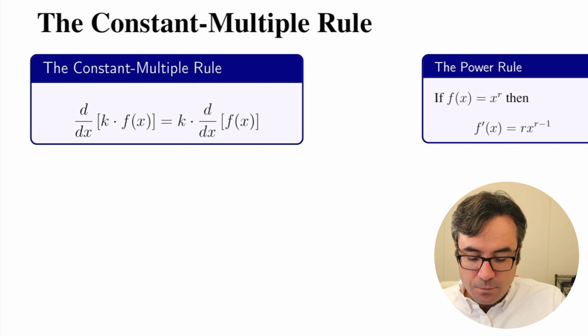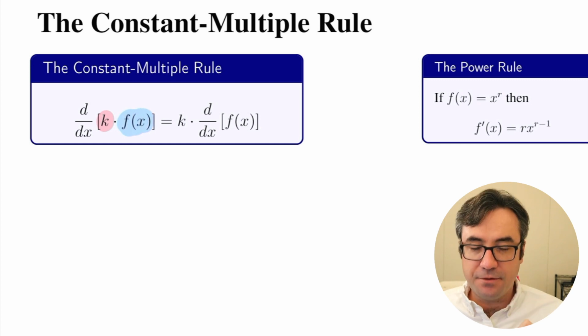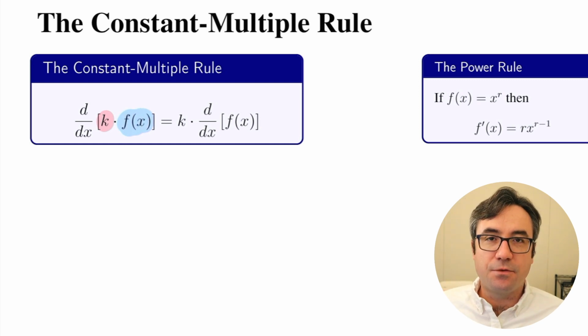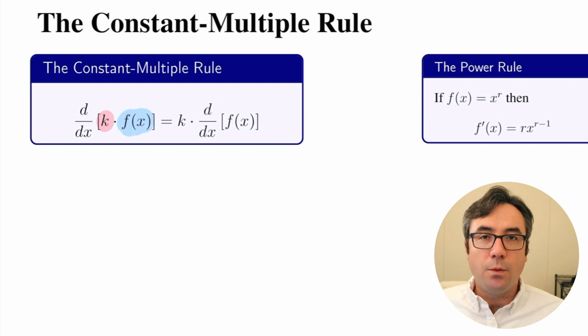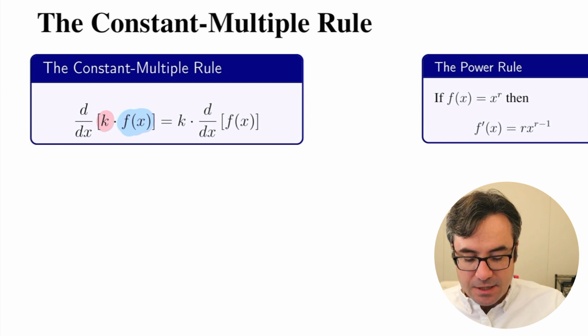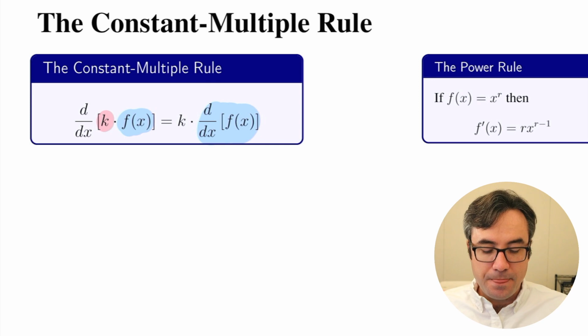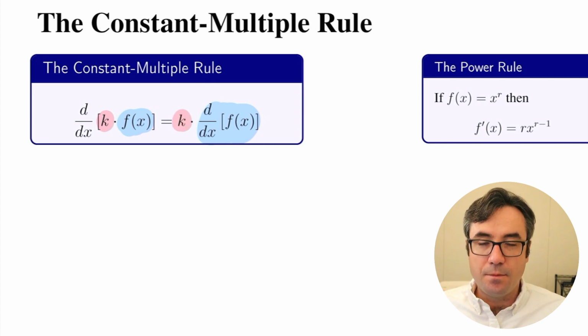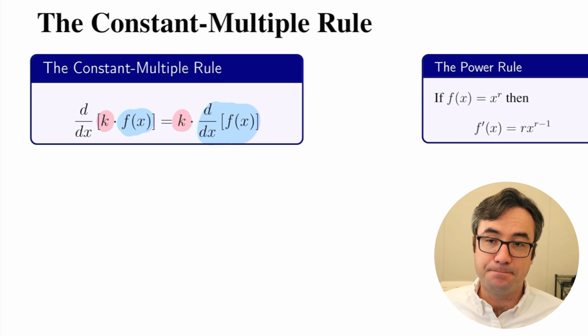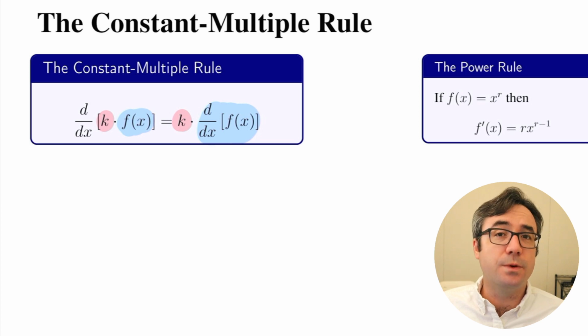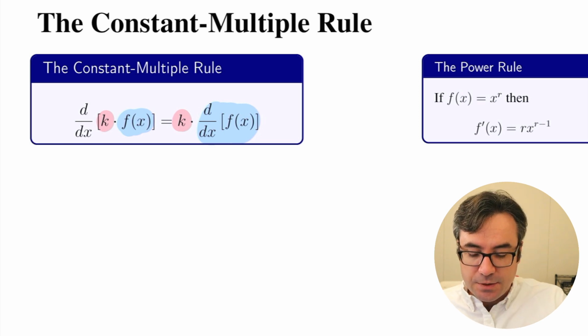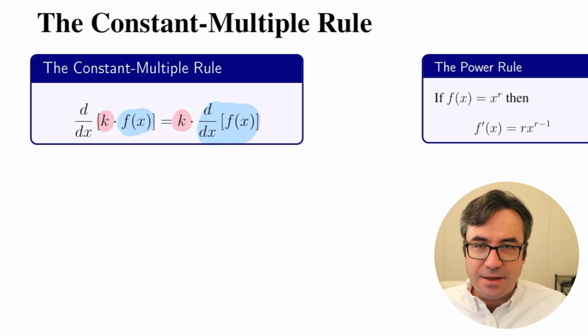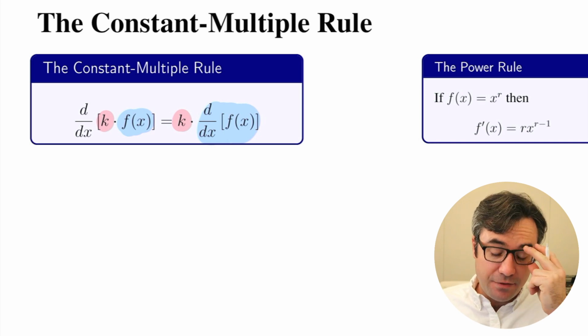So really, we have a constant times some variable stuff, and we're trying to differentiate the whole thing. Well, what we can do instead is differentiate just the variable part and then multiply the result by k. And that's what this constant multiple rule really says. So it's important to make the distinction. What are we going to actually have here?